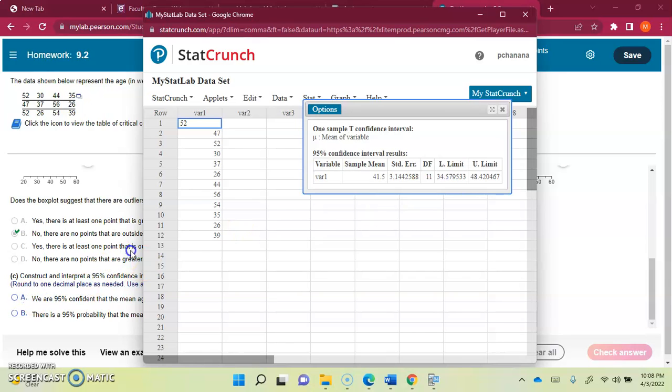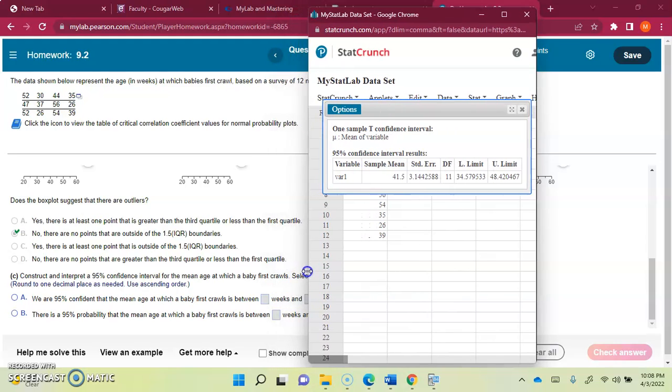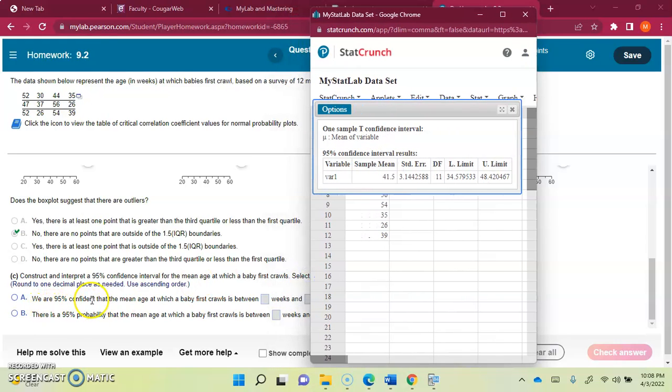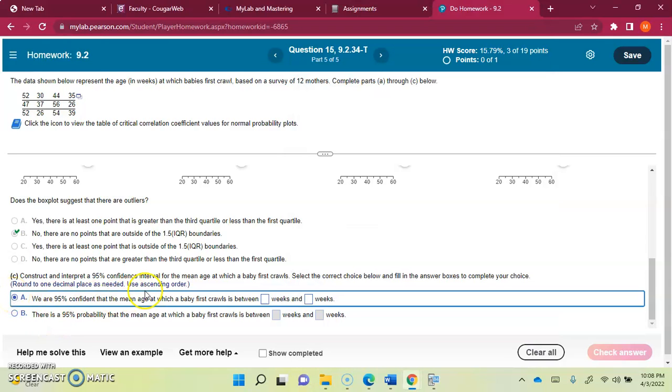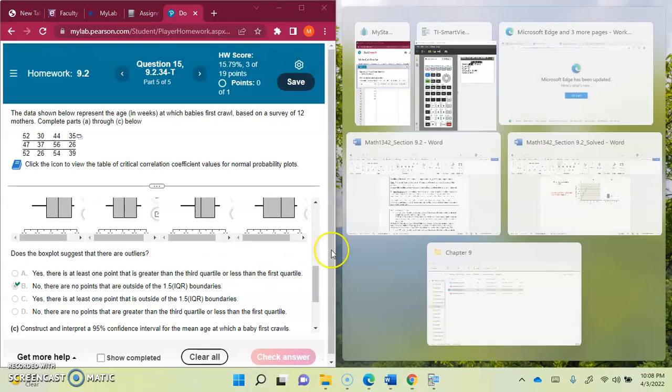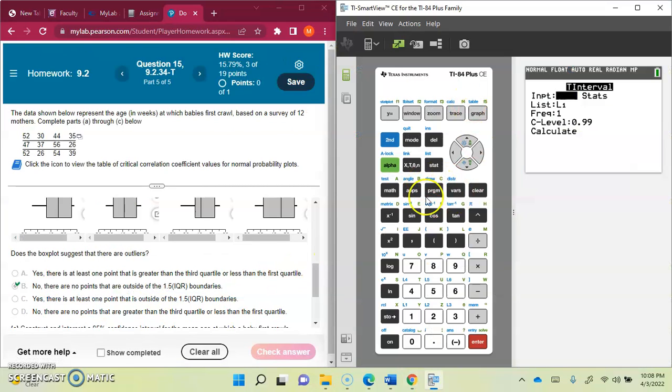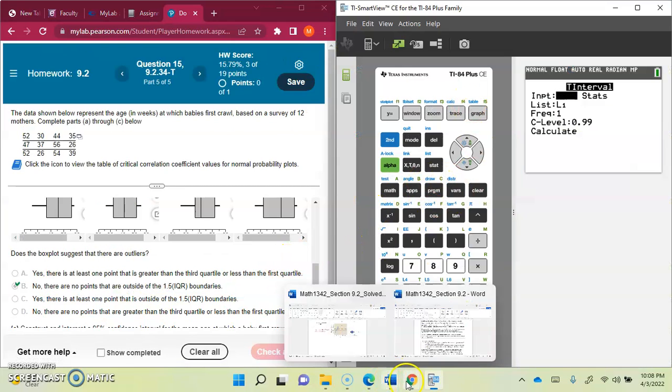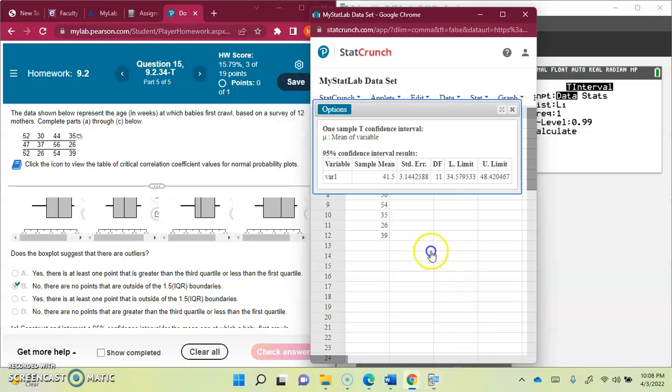So first let's read the options. We are 95% confident that the mean age at which a baby first crawls is between these weeks. And there is a 95% probability, but it's never probability for a confidence interval.